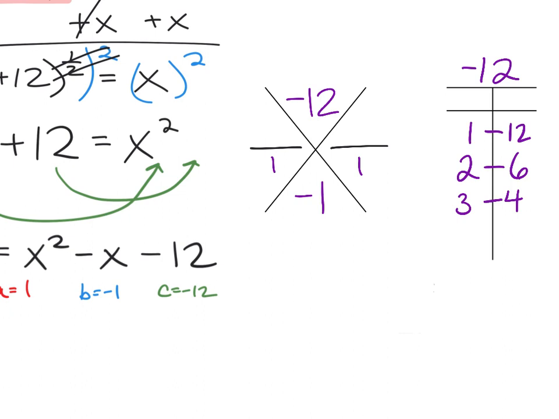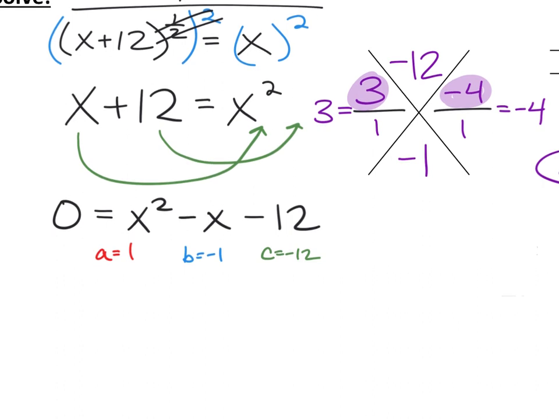Fabulous. Well, here's the row that's going to give me negative 1. So my numbers are 3 and negative 4. Of course, those don't really reduce at all to anything when you divide them by 1, so they're nice and neat. These are easier factoring problems.